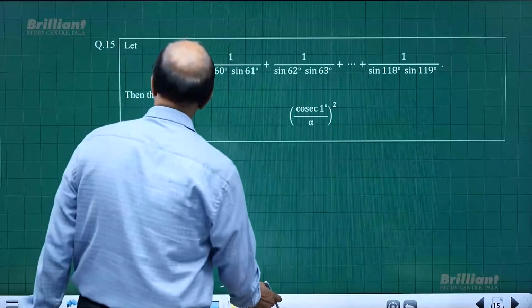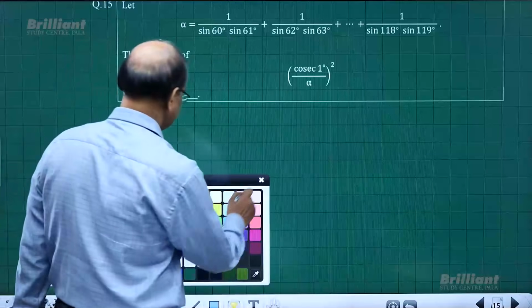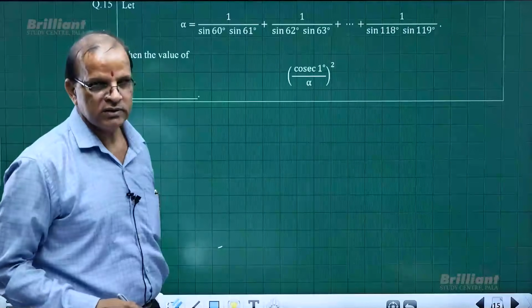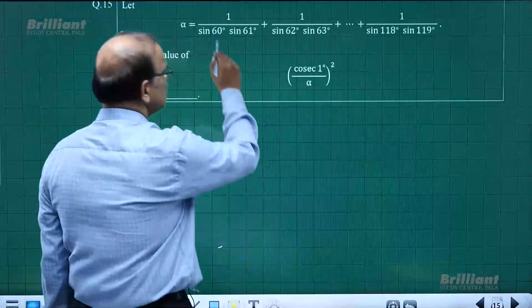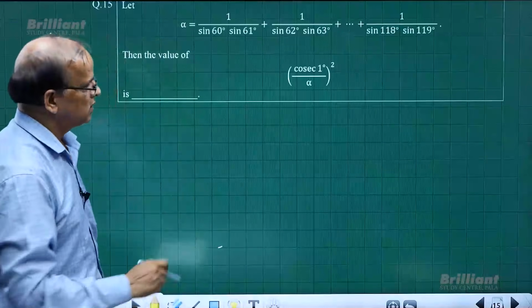Now, here this is a trigonometric question, right? This model we discussed in the class also, last year. See, 60, 61, 62, 60, all consecutive numbers, right?